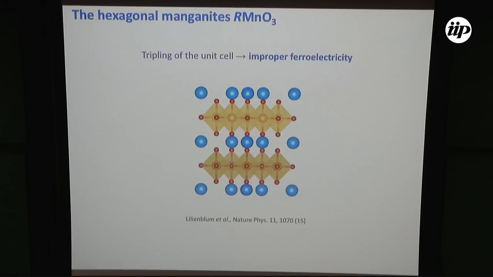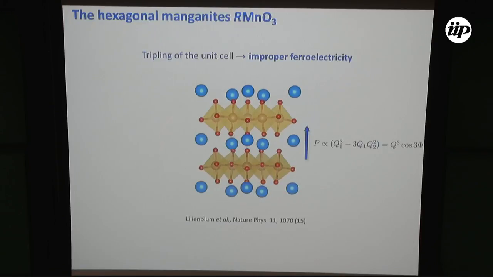So these systems are so-called improper ferroelectrics, in which the spontaneous polarization occurs as a result of the emergence of another order parameter. In this case, as we have shown in this paper, it is the result of this type of distortion, in which there is a rotation of the bipyramids and also vertical displacements of the rare earth atom.